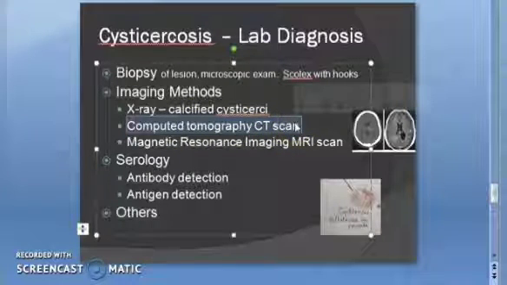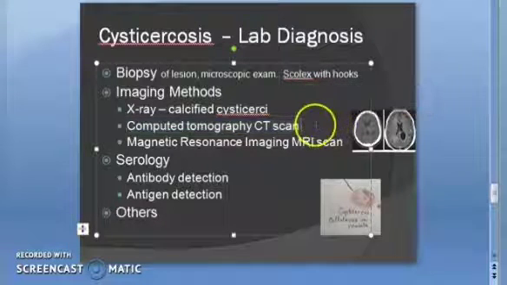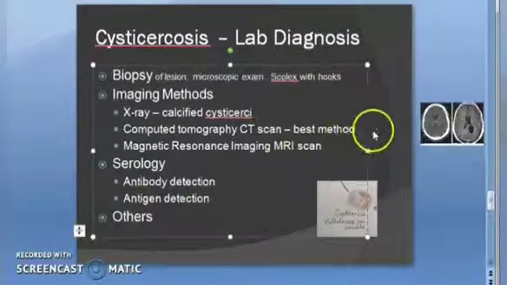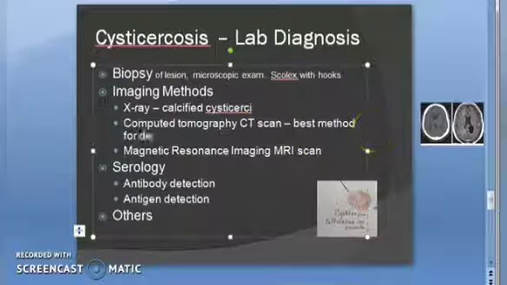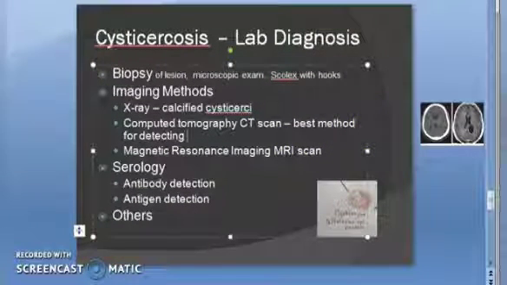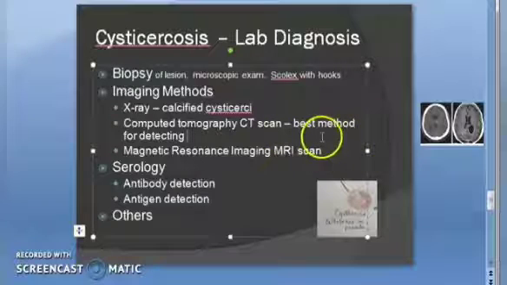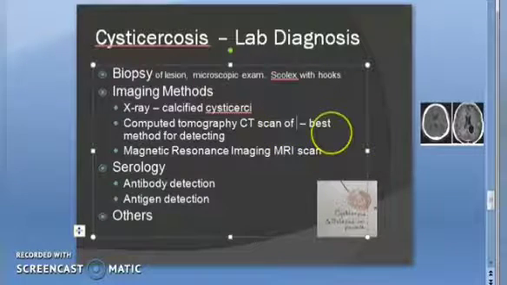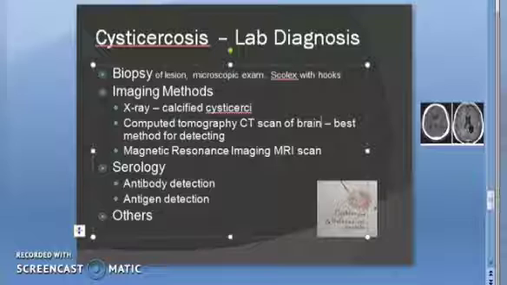Okay. Then computed tomography, CT scan. So CT scan of the brain is the best method for detecting dead calcified cysts. So it is the best method, they are saying. So remember here, CT scan of the brain is the best method for detecting dead calcified cysts.